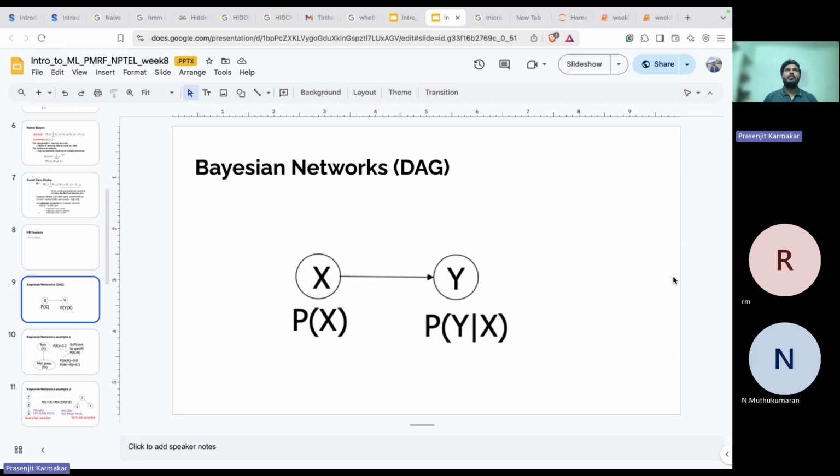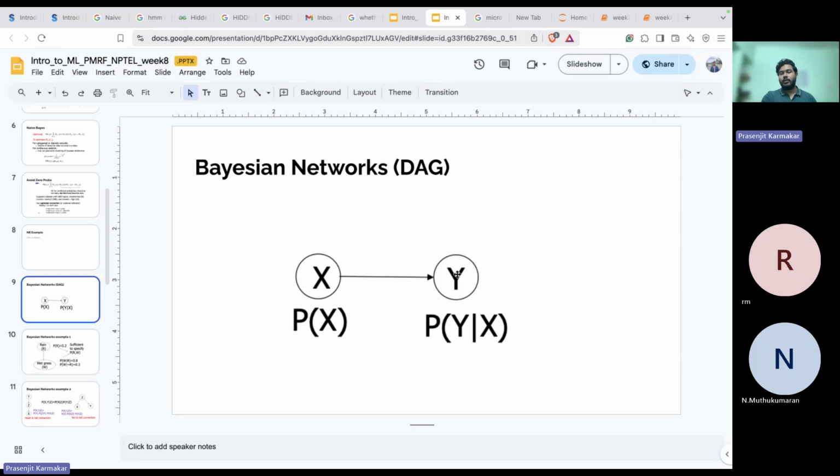It's basically how probable a particular event is, based on which other events it is dependent on. A good example is here: y is dependent on x, so x is an independent event. Now, what is the probability of y given x?